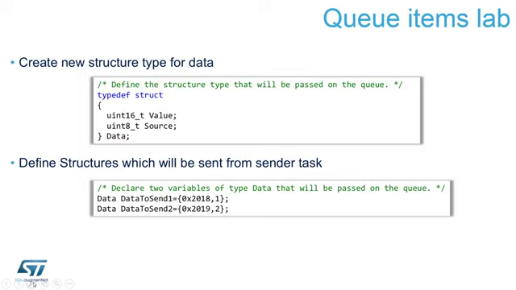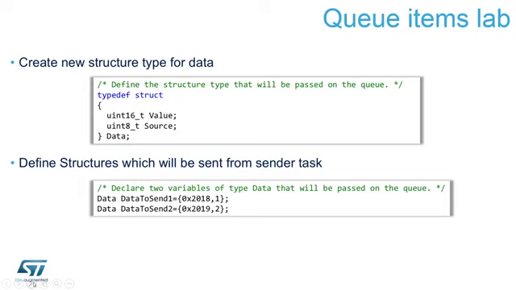So when you again generate the code with the new queue, please define in the private defines of the main file the data structure with this definition: typedef struct, and inside there will be a 16-bit value and an 8-bit source, and the structure will be called data. We can as well define 2 different initialized variables with these contents.